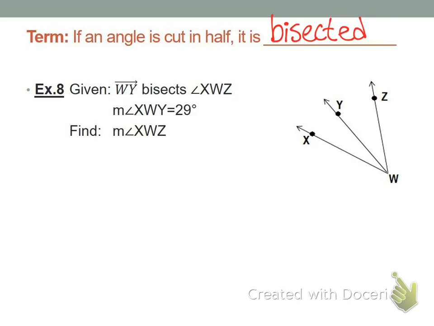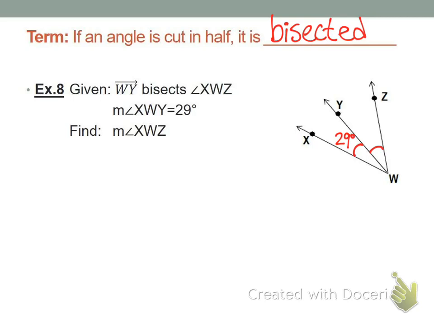Anytime I read that in my directions, I go ahead and mark those 2 angles as being congruent. I kind of stagger the arc marks so it doesn't look like just one big arc. And we're told that the measure of angle XWY is 29 degrees. XWY being the smaller angle here, 29 degrees.